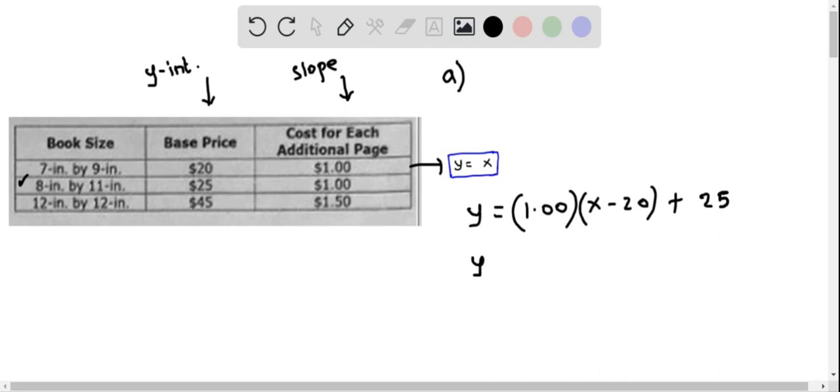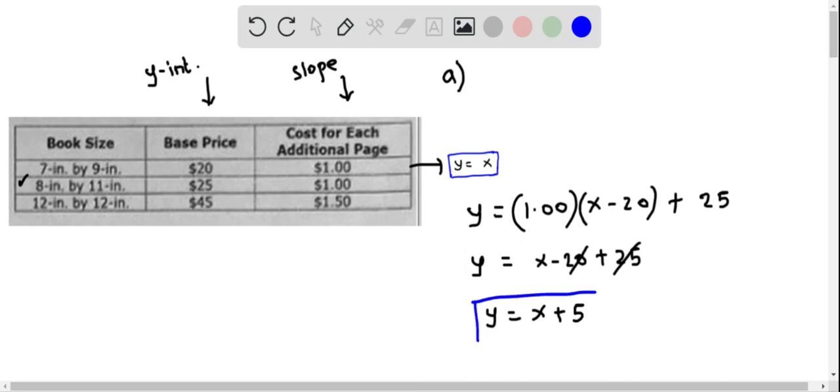So let's simplify this. 1.00 is 1. 1 times x minus 20 is x minus 20 plus 25. You can simplify this: 25 minus 20 is positive 5. Therefore this becomes y equals x plus 5. So this is the equation for y for the second book size, 8 inch by 11 inches.